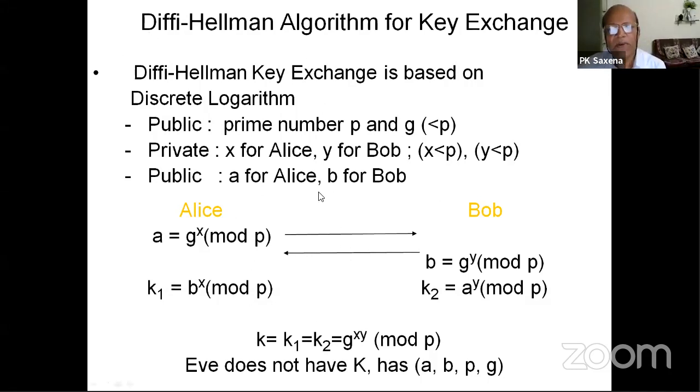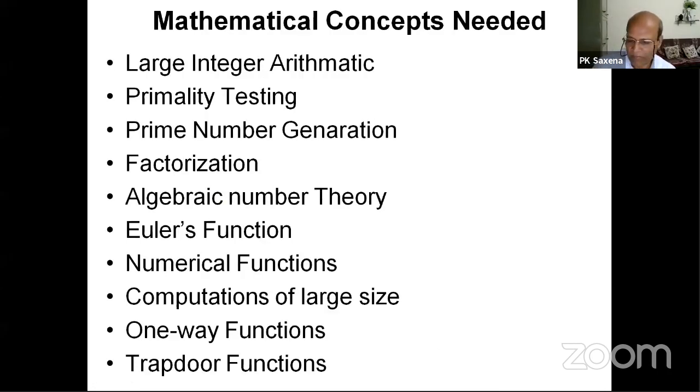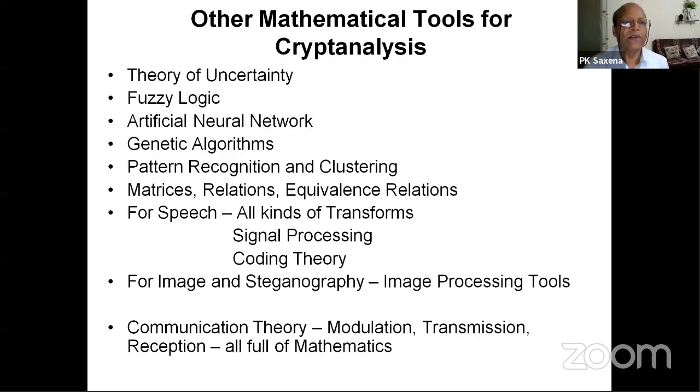I'm sure that this will be discussed in detail in your talk. Different kinds of mathematics are used, like large integers. I think there is a talk on the use of mathematics in encryption that will also be discussed.